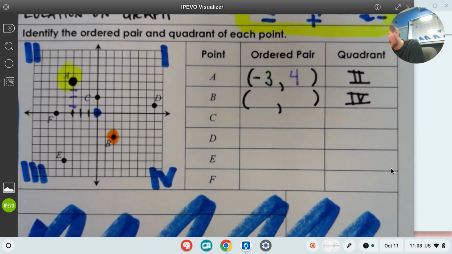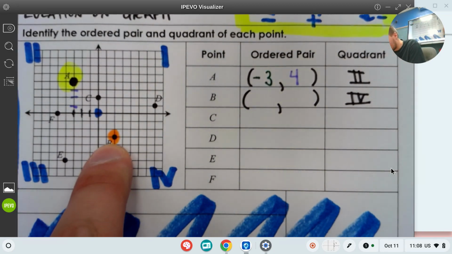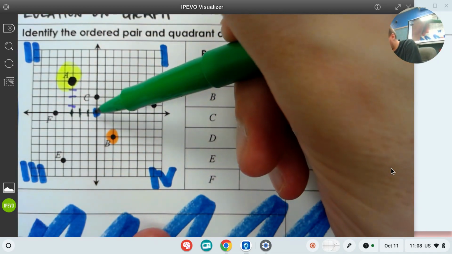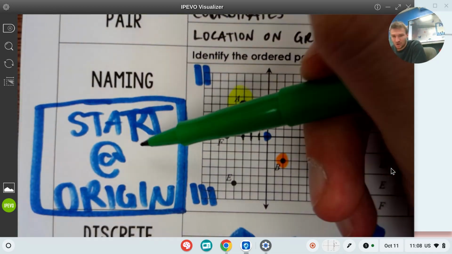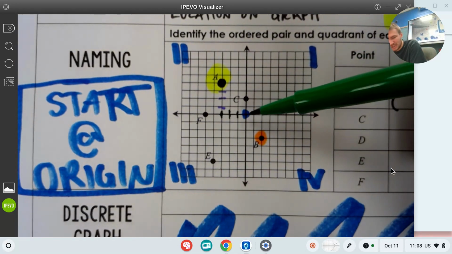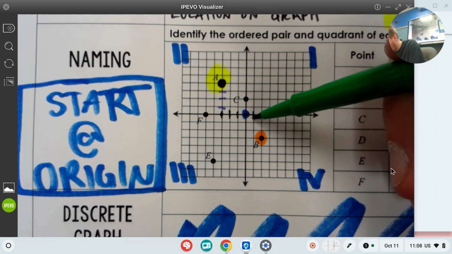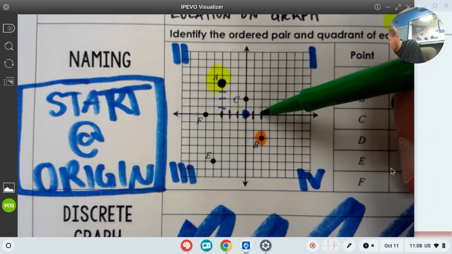Now, if we're looking at B, first I need to walk to the elevators. So, how much do I need to walk side to side? I'm at the middle. Start at the origin. I'm starting at the origin, and I'm going to walk. Anybody got the number? 2. 1, 2.